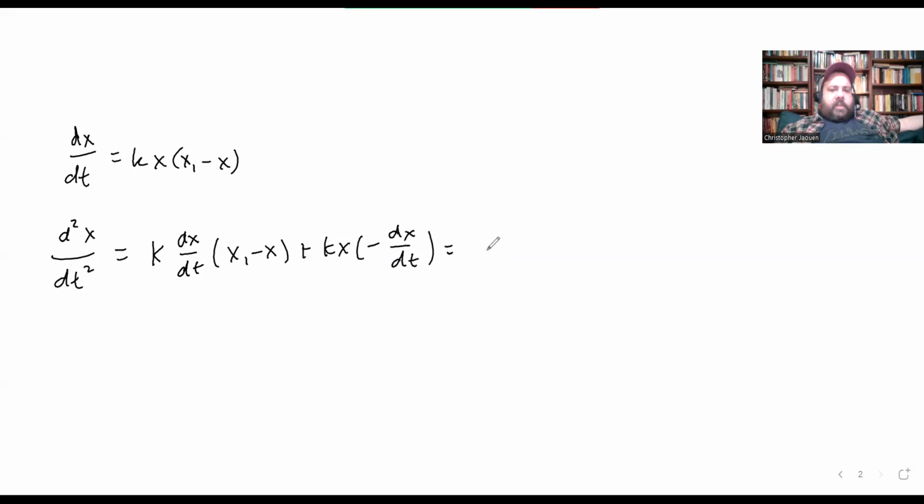And then you can simplify this: I can factor out a k and a dx dt, and I'm left with x1 minus x minus x, which is k dx dt times x1 minus 2x.